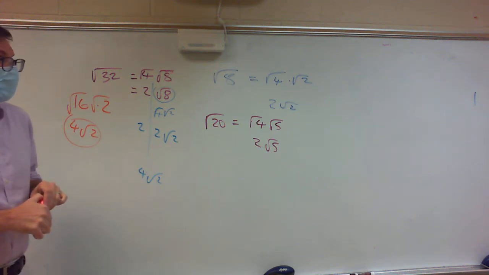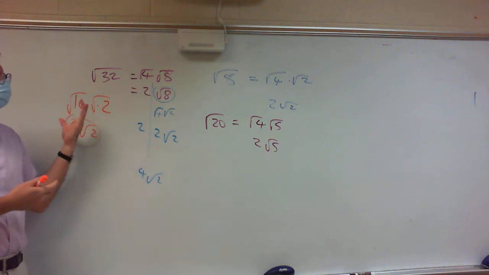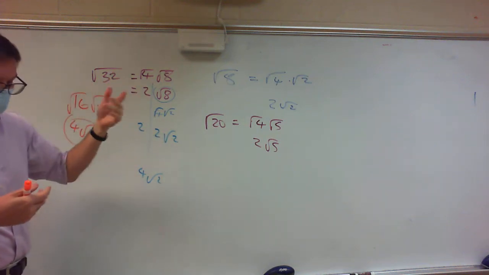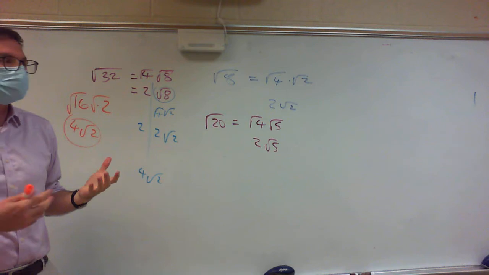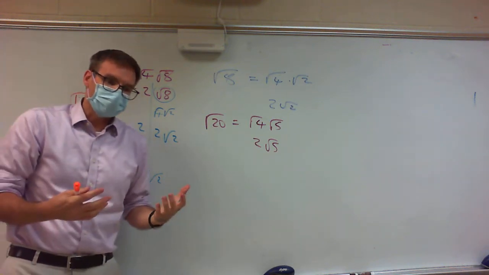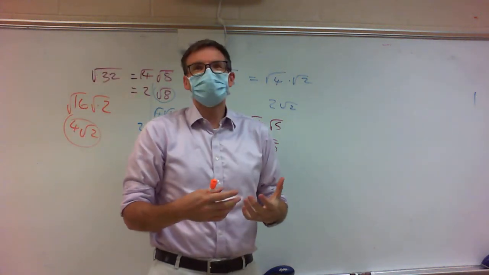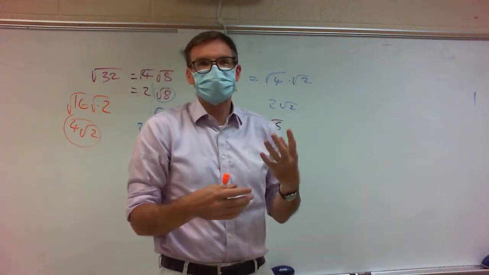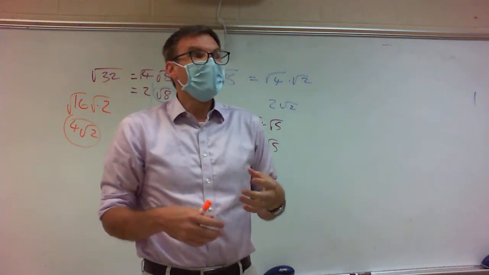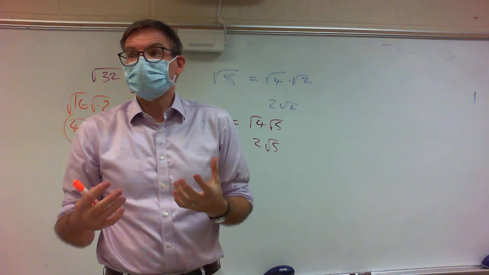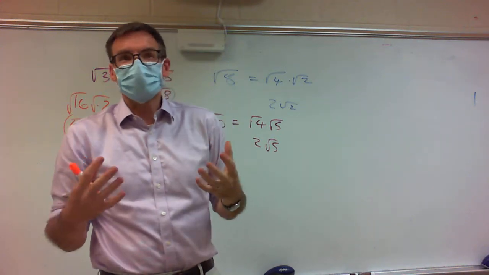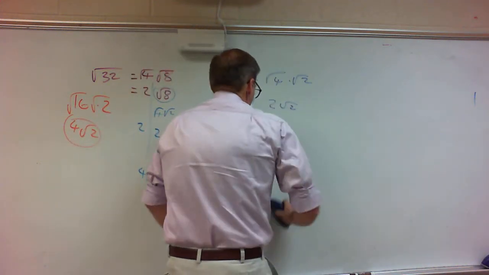All right, so while I've got you here as far as simplifying square roots, there are a handful of square roots that keep showing up. I think there are 4. Your life's a lot easier if you just know them.